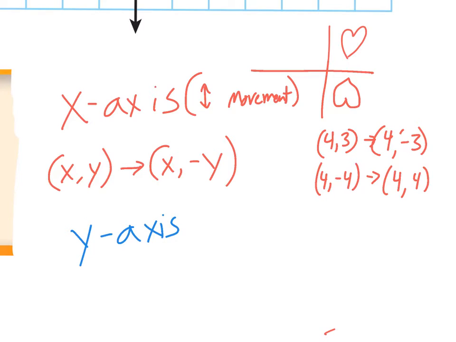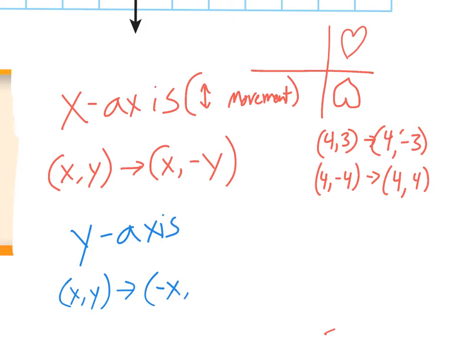So this can be confusing because when we reflect over the x-axis, the y flips its sign. It's kind of opposite. It always works opposite. So with that in mind, if I reflect over the y-axis, what do you think is going to happen here? The x is going to flip its sign.